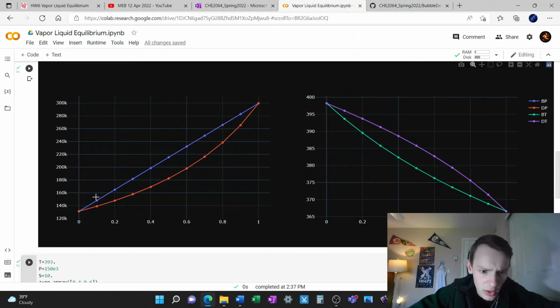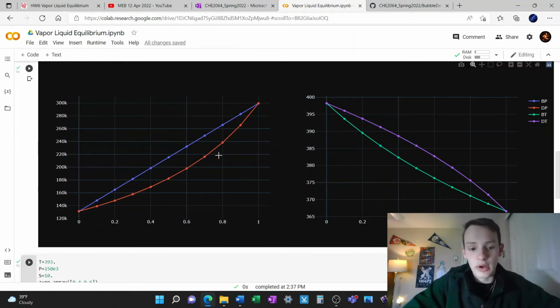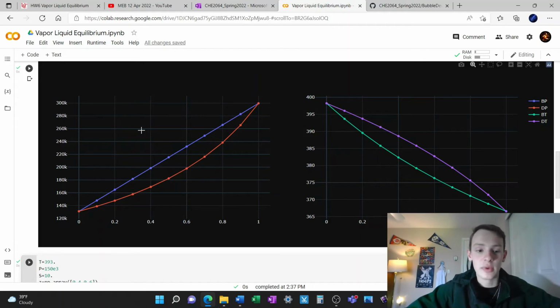If we go over to 0.4, we see that we are below this curve for the dew pressure, okay? And obviously we're not in between the two curves, so that means we either have all vapor or all liquid. In this case, because we're at lower pressures, we're below the dew pressure curve here, we certainly have all vapor, right?